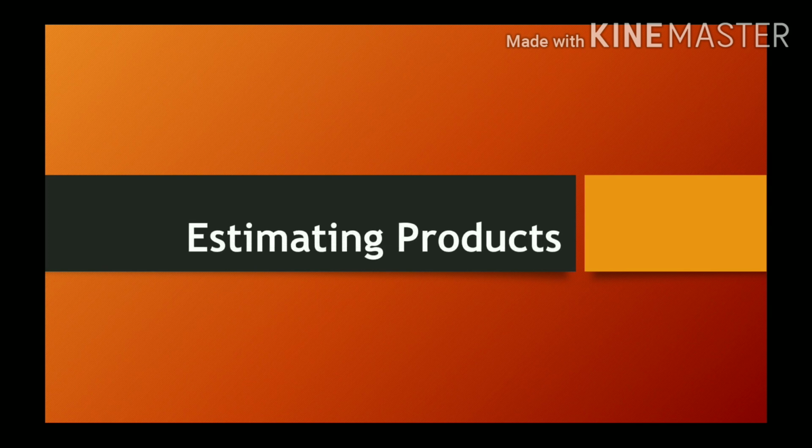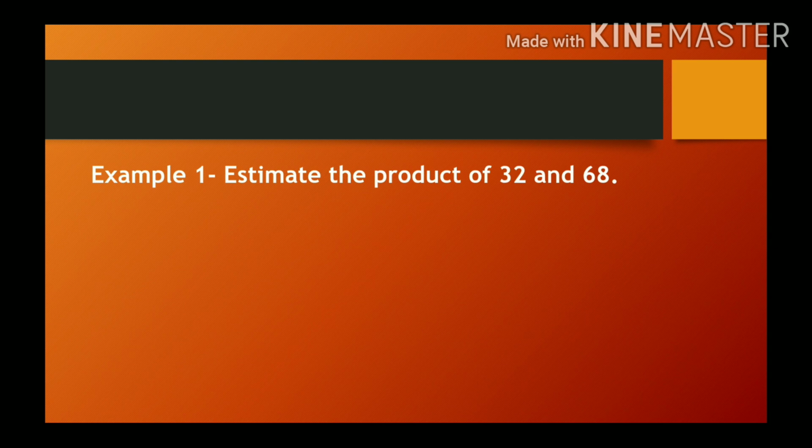Now let's see what estimating product is. Let's take an example. Estimate the product of 32 and 68. First we have to see the numbers: 32 is a 2-digit number and 68 is also a 2-digit number. So we'll round off to the nearest 10.